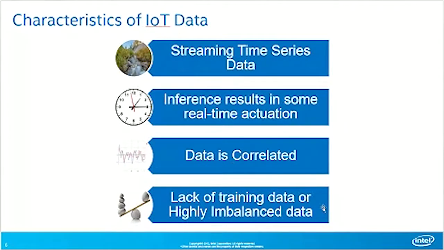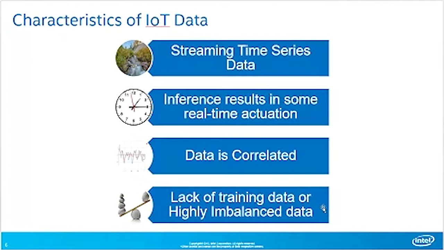Now, the other thing is that there is a lack of training data for whatever insights that we want to capture, or the data is highly imbalanced in the sense that you will have data where things are working all fine. For instance, the solar panels are generating electricity, but suddenly once in maybe a year or once in maybe half a year, a microinverter might go bad and then suddenly it stops working.